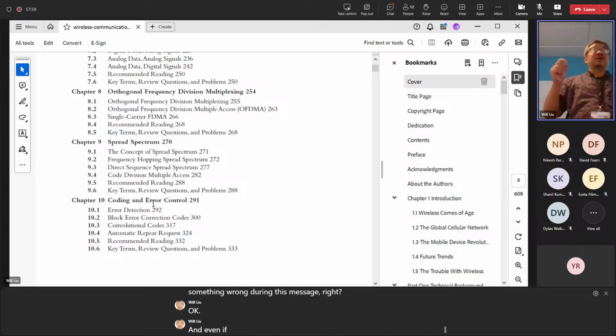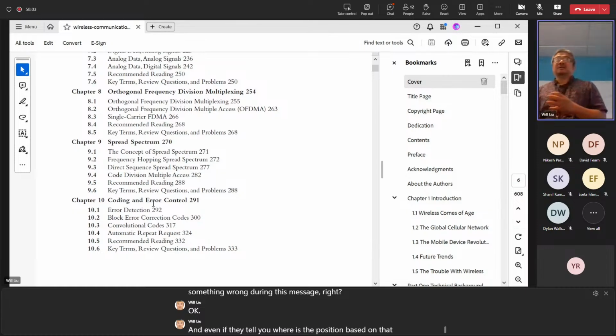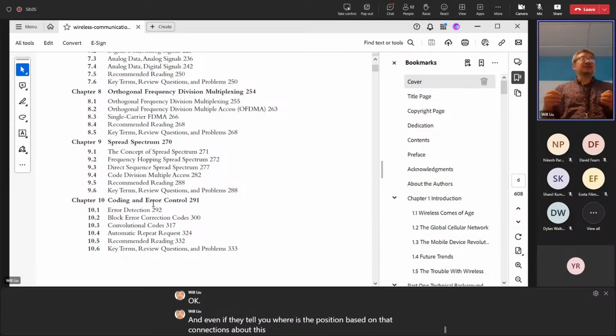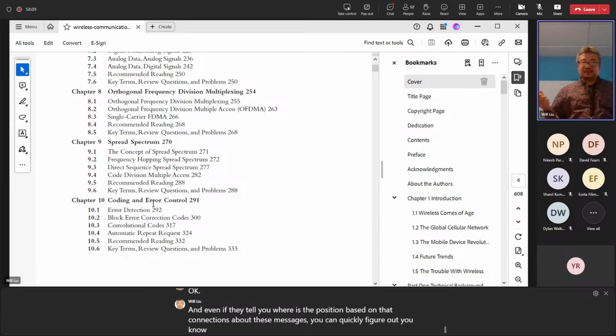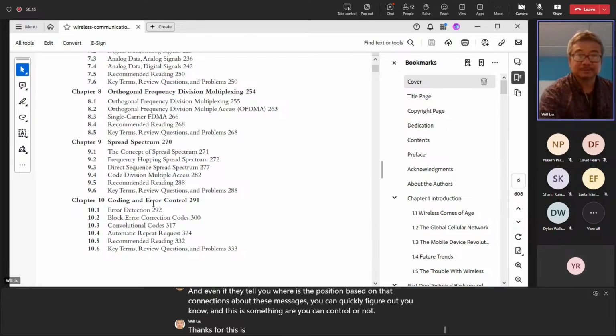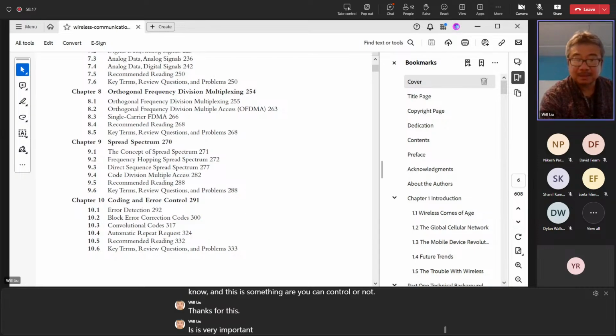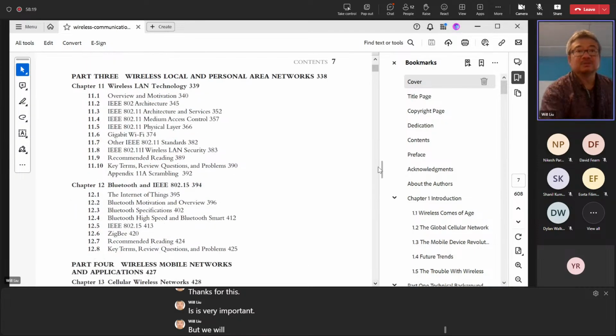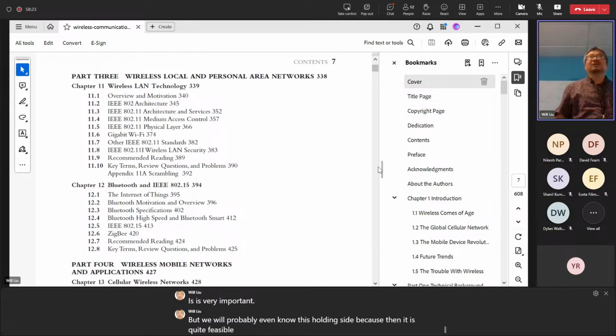Even if they tell you the position, based on the connections of these messages, you can quickly figure out whether this is something you can control or not. So this is very important. But we will probably ignore this coding side because that is quite physical. It's really scary.